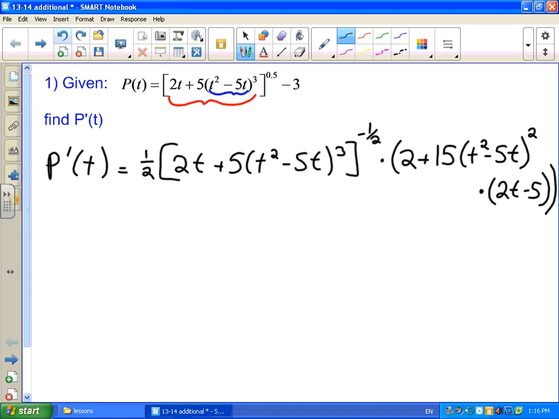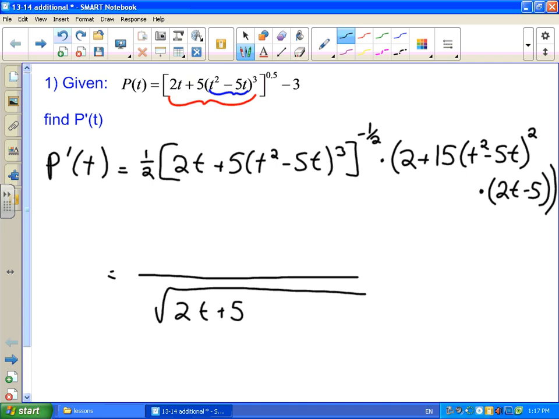Okay. So that's going to be our derivative, and from here we can simplify this a little bit. We know that the term in square brackets is going to go down on the denominator of our function, underneath the square root sign, so that's 2t plus 5t squared minus 5t all cubed. And that 1/2, we can bring the 2 down underneath as well.